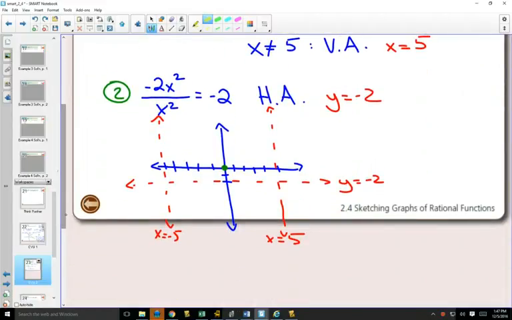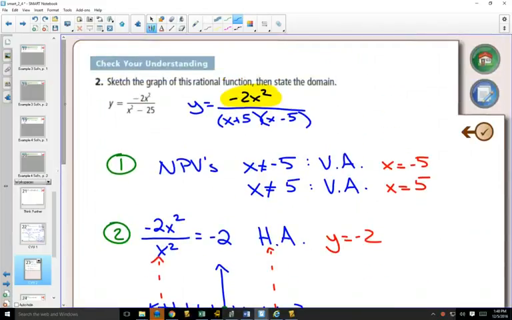But what we do know is 1 point. So let's figure out what is happening in this section, the first section here at the beginning. In order to do that, we're going to plug in a value in that section, negative 6. If I plug in negative 6 into my equation, what do I get? I get negative 72 on the top and 11 on the bottom.